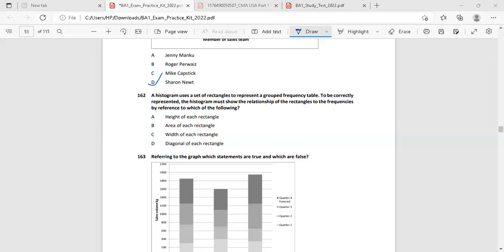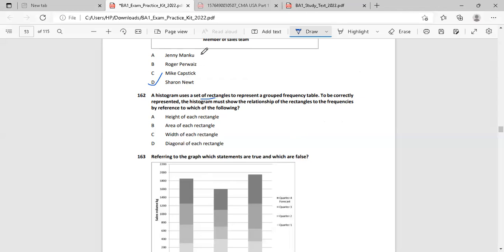Yeah, so height of each rectangle. That's what I understand. It uses a set of rectangles, so these are kind of rectangles. We just take only the height, no, to be correctly represented.